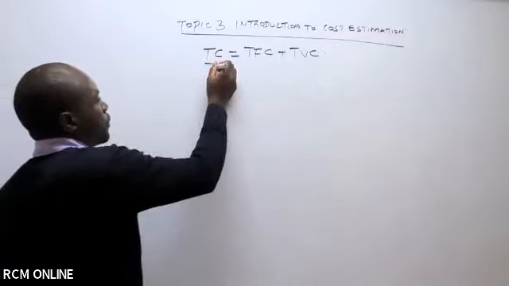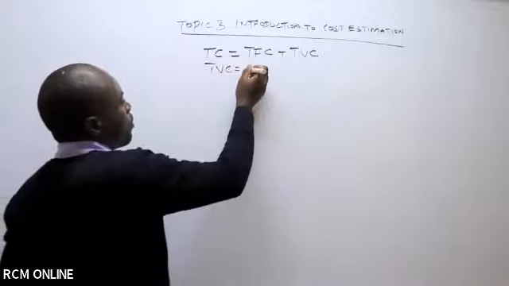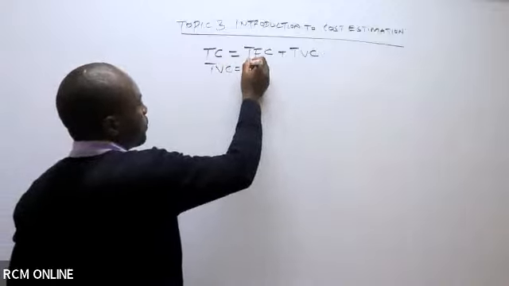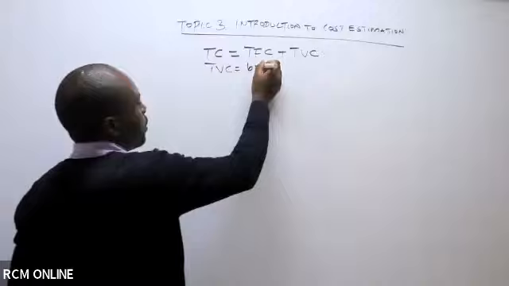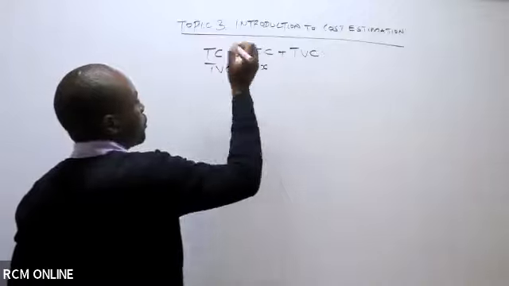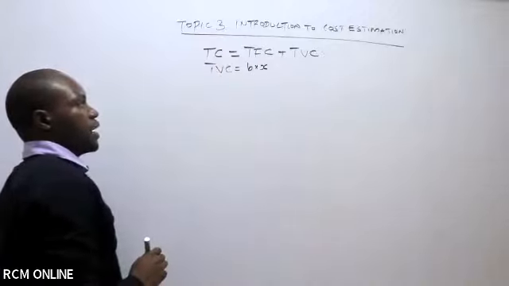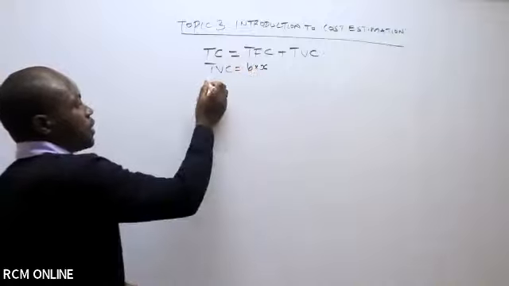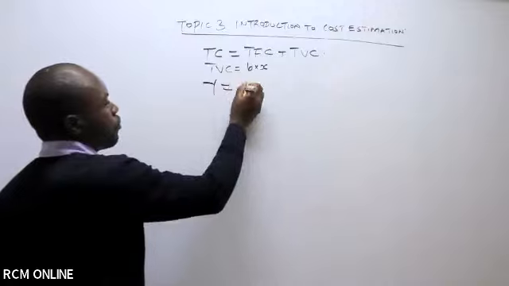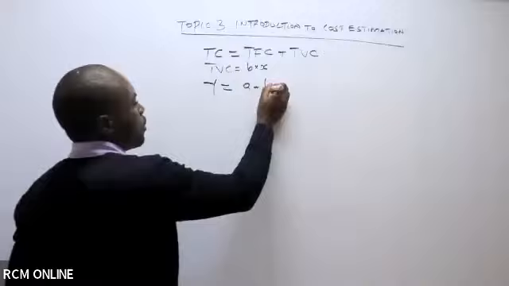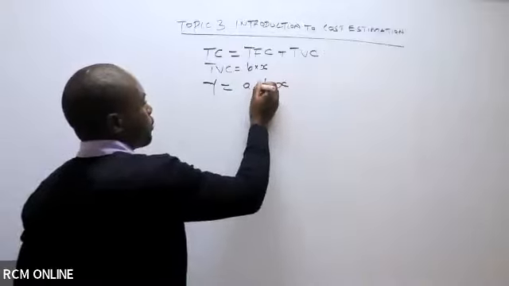Total variable cost is equal to variable cost per unit multiplied by quantity or activity level. This will be simplified in the form of y equal to a plus bx.